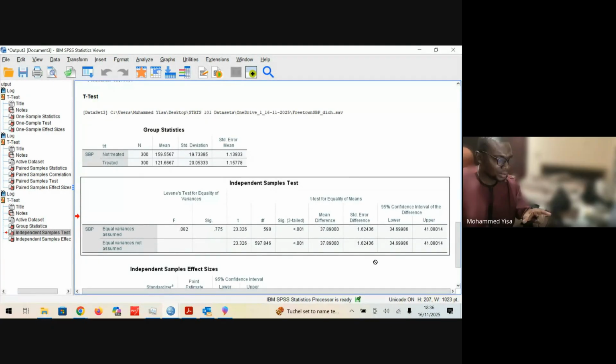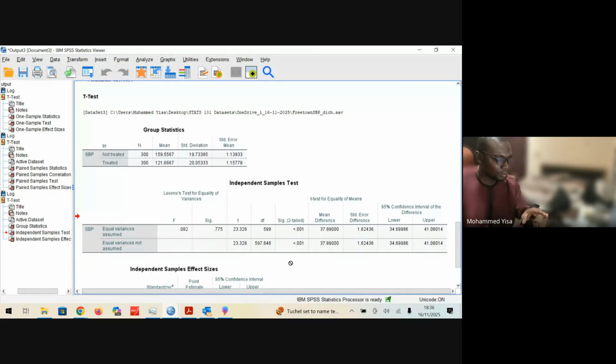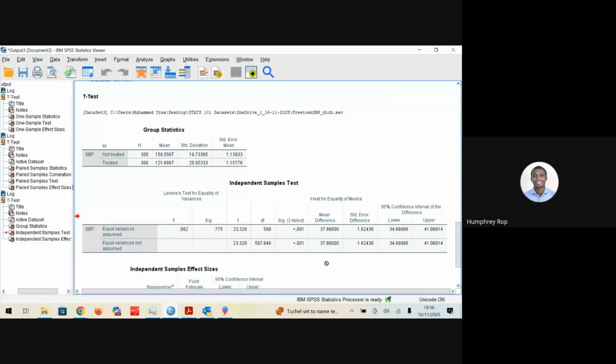Is anyone else confused, or are we all good to go? I just have a problem. It's Humphrey. I have a problem with the data set. The 300 observations are treated, 300 are not treated. If you alternate the same, it will still give the same result.